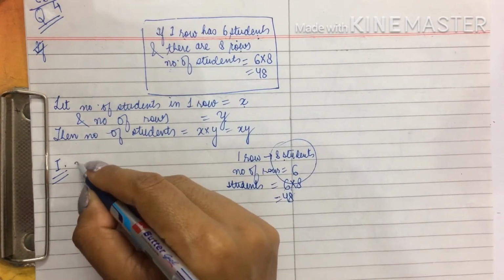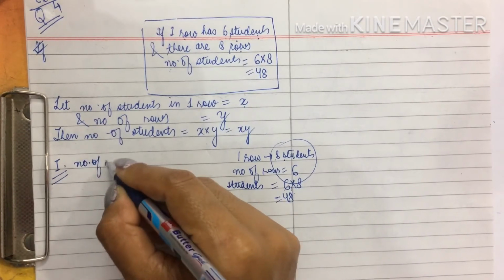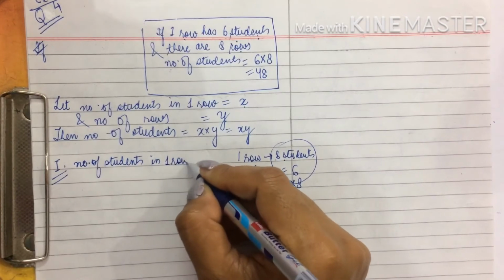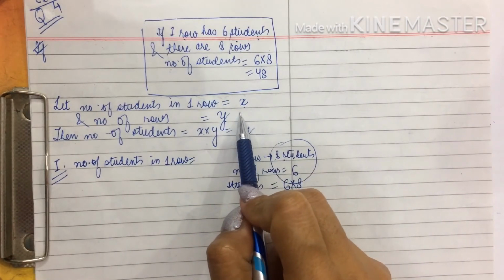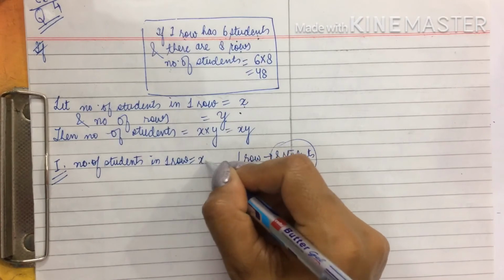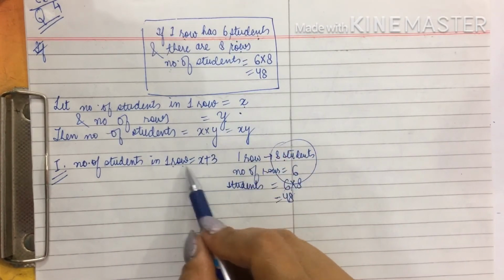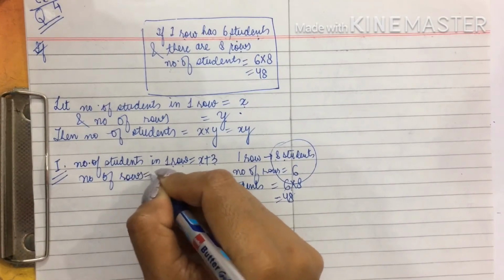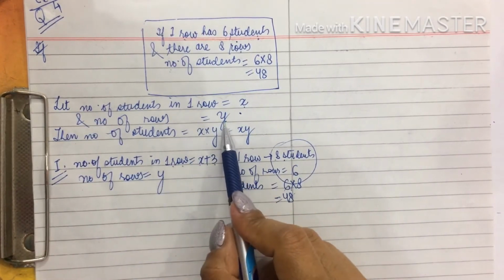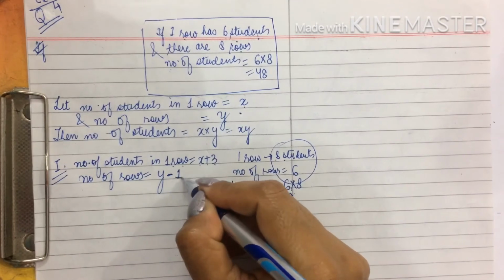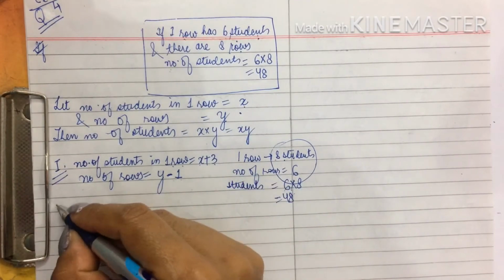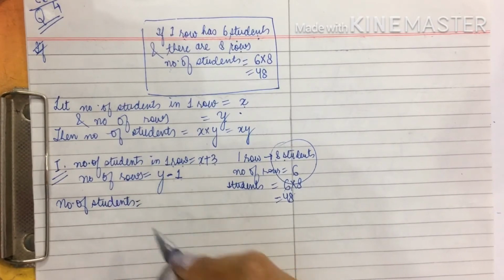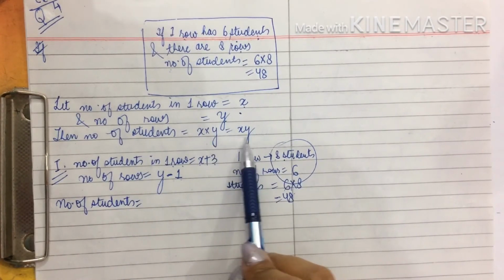In the first case, the number of students in every row has been increased. Earlier there were x students, they have increased it by 3. Now the number of students in one row is x plus 3. But the number of rows has reduced by 1. Earlier there were y rows, now there is 1 row less, y minus 1. But the number of students would still be the same as the original number of students.